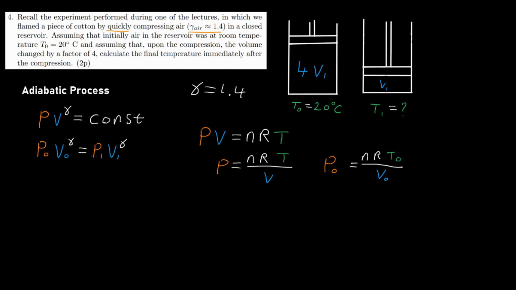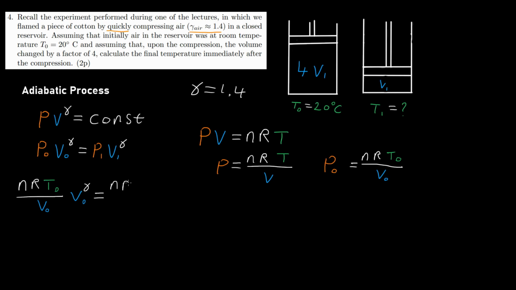And the same thing would be true for P1 as well, just T1 and V1 instead. So let's rewrite our equation using this instead of P. On the left hand side we'll have NRT naught over V naught, and then that's the P, and then we want this V naught to the gamma, and the right hand side will be basically the same but just with ones instead of zeros.